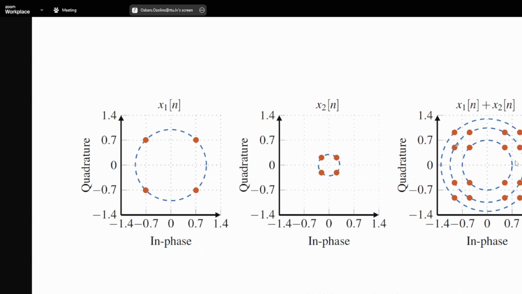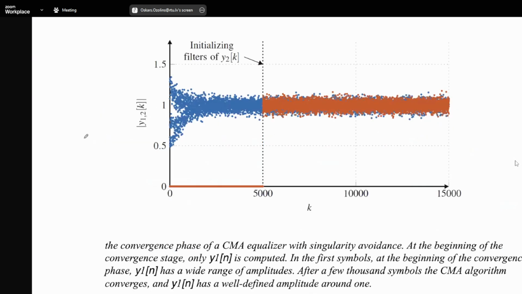Here we show, for example, four different points which are in three different amplitudes. The CMA algorithm finds the ideal point in the middle and compresses all these points to that ideal point. Here is an example when you have multiple amplitudes and then it converges to one. Usually this is a training part for the algorithm, and then you discard this data. This is the time needed for the equalizer to converge.